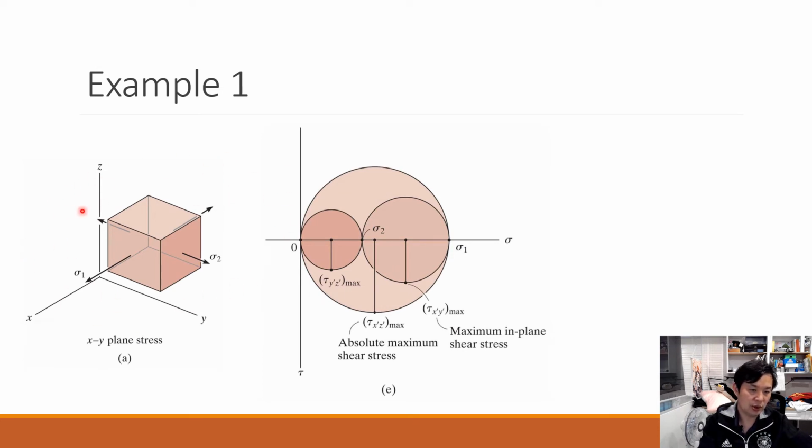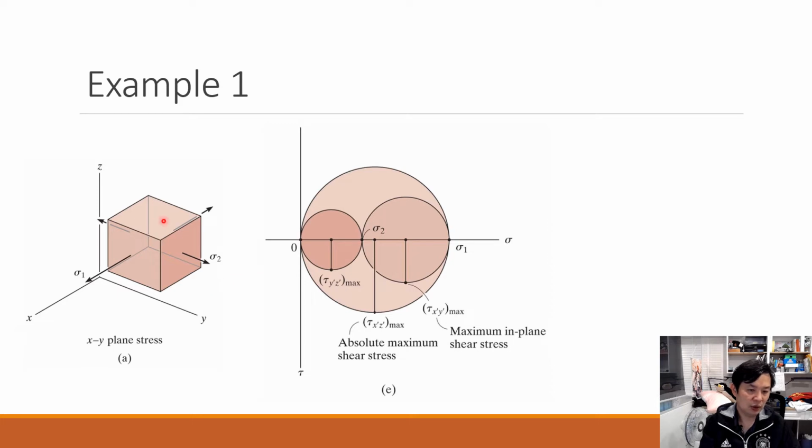In this condition, we select the XY plane as a plane stress condition. For this element, you can rotate the orientation to a certain direction and find sigma 1 and sigma 2 as principal stresses, and the corresponding coordinate system matches these two principal stresses.